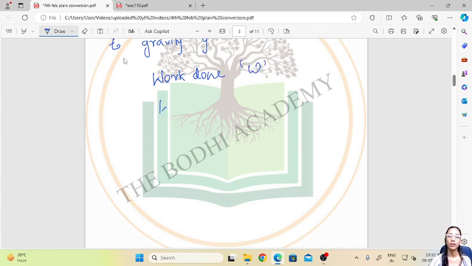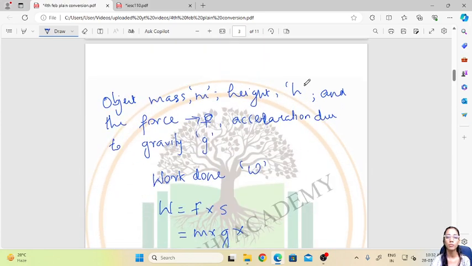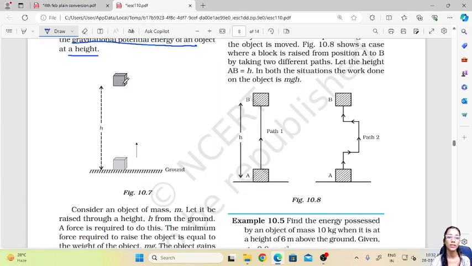W is equal to, we know that the work done formula is F into S, and force is mass into acceleration due to gravity, and now displacement. What will be the displacement? It is displaced from the lower to the higher position by the height h.